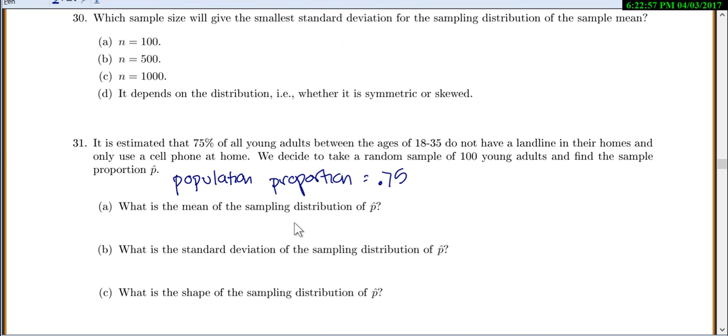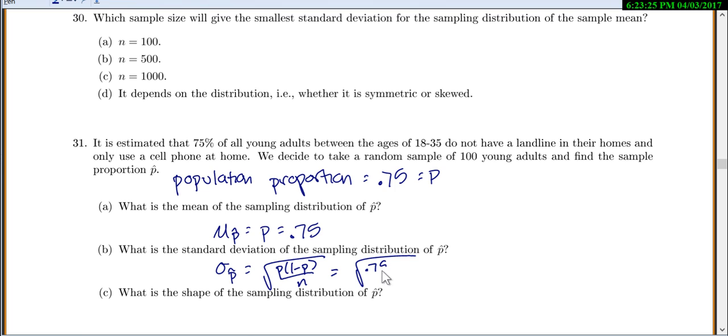So what is the mean of the sampling distribution, or the mean for all the possible values for p hat? The mean for p hat is equal to just p, which up here, the population proportion, is 0.75. The standard deviation, for all the possible sample proportions we could get, would be the square root of p times 1 minus p over n.